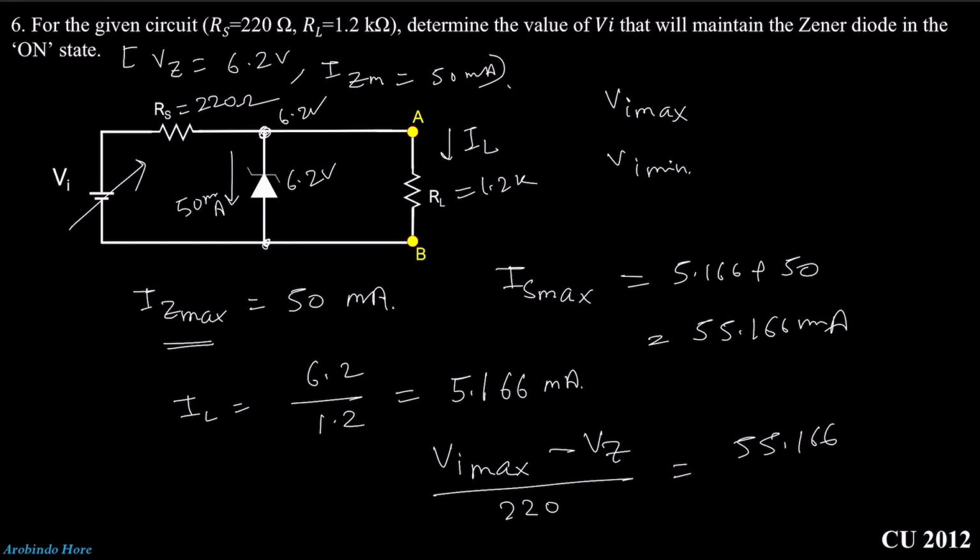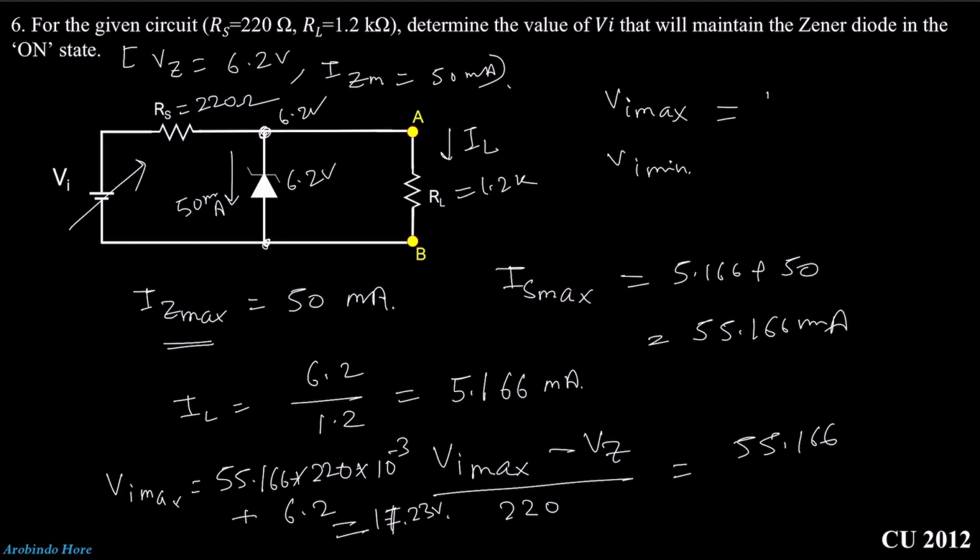If we solve this equation, Vi max will be 55.166 multiplied by 220 into 10 to the power minus 3, plus Vz. Vz is 6.2 volt. From here we get 17.23 volt. So we already got the value of Vi max.